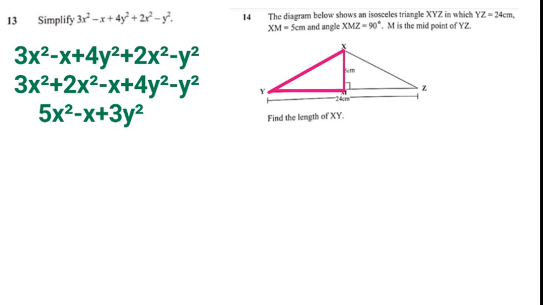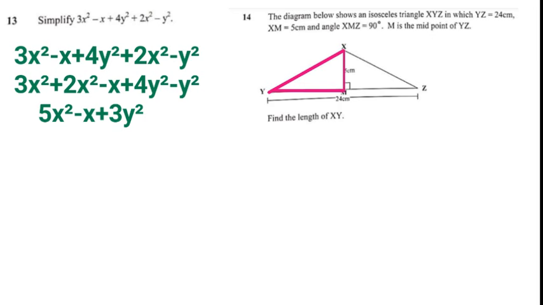Now to find the length of XY, we're going to use Pythagoras theorem. That is the one which is going to help us to find this. Here the hypotenuse is YX or XY. So I am asked to find the hypotenuse of this triangle I've drawn in pink.